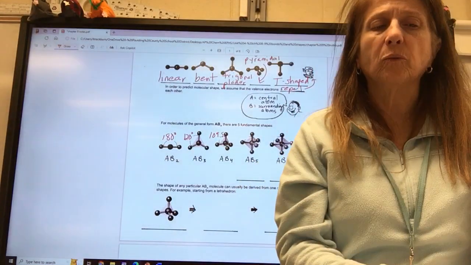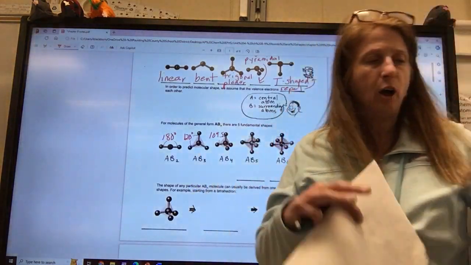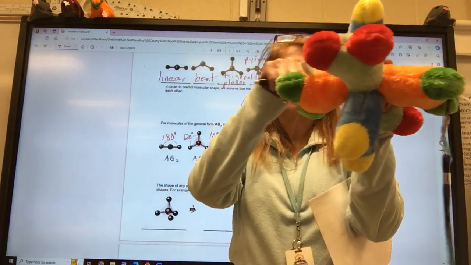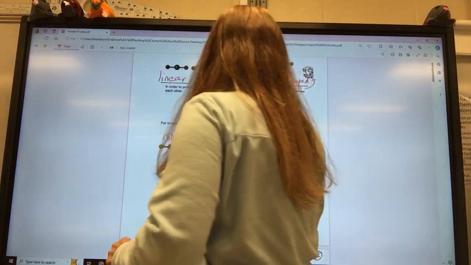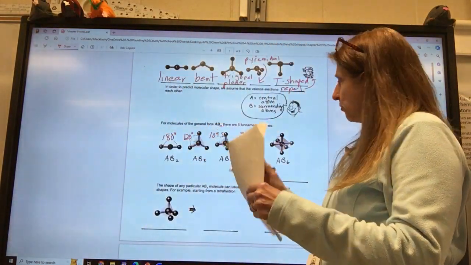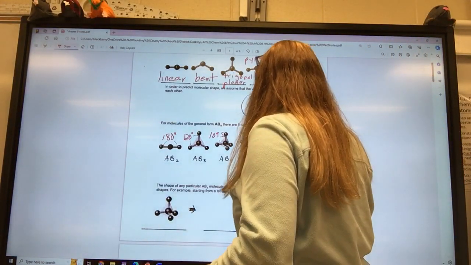So this one has 2 different angles. From the top to this radius going around, what angle is that? 90 degrees. So this one right here up top is 90, and this one going around, there's 3 of them, so what is it? 120. See, this is not hard.